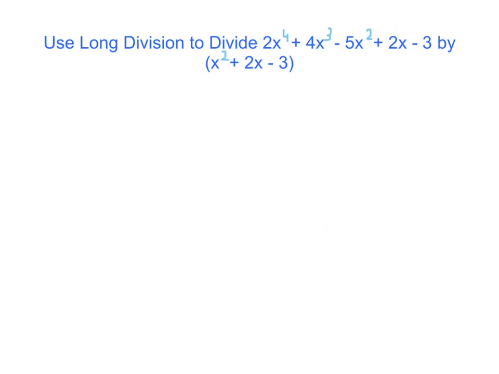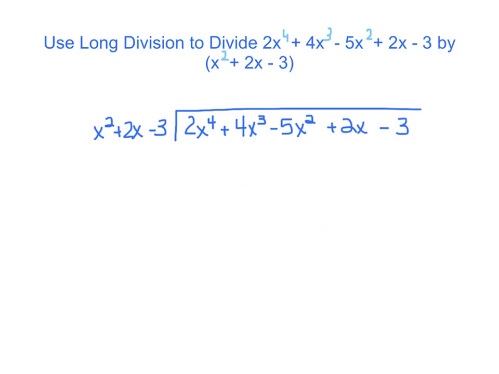So the first thing I'm going to do is set this up as long division again. And again, I'm going to divide the first number into the first number. So 2x to the 4th divided by x squared equals 2x squared. Since this is x squared, I need to line it up above the x squared in the division problem, so I put 2x squared there.